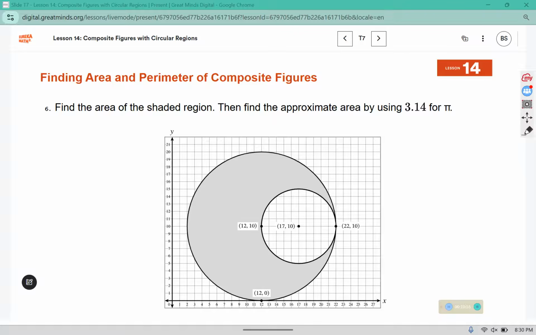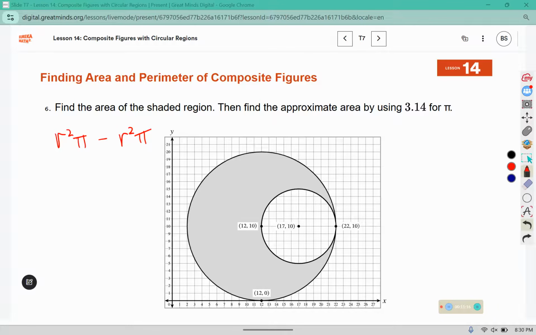Find the area of the shaded region, then approximate by using 3.14 for pi. So this one, the outer section minus the inner circle, is going to give me the shaded piece. So I need 2 circles, but I'm going to subtract them.